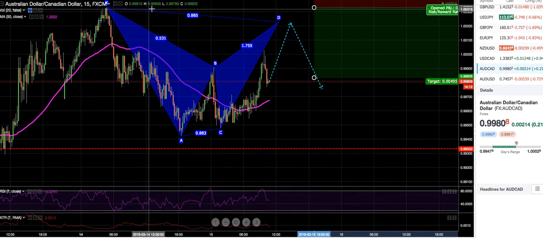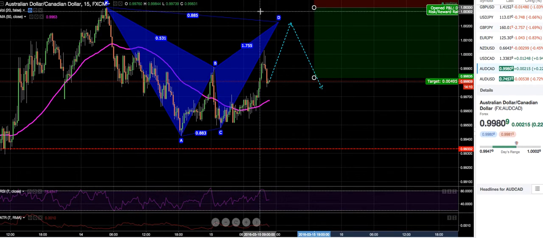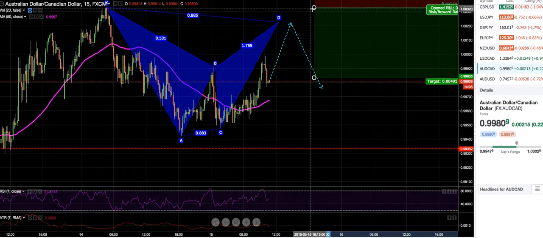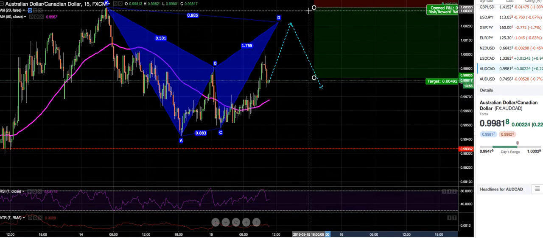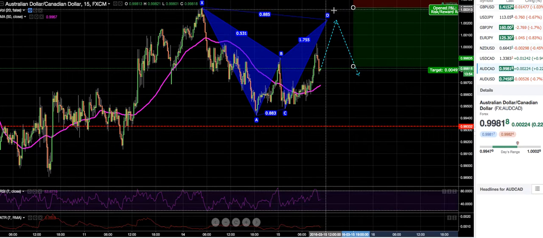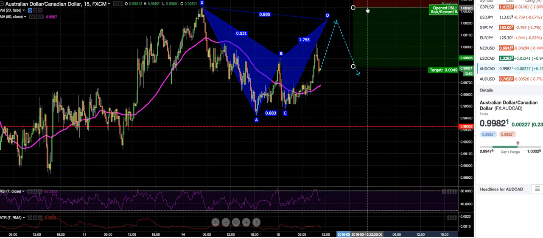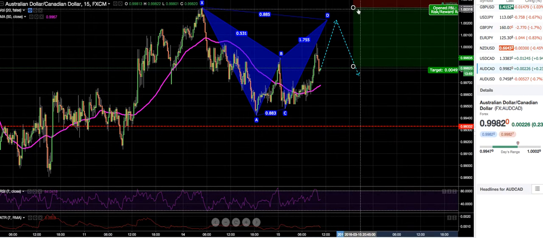If we close above the X, making the pattern invalid, I will be closing the position, or at least trying to get out of the position. But yeah, I'm gonna keep the risk to reward like this for now.